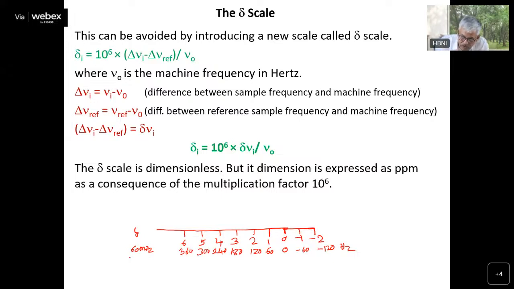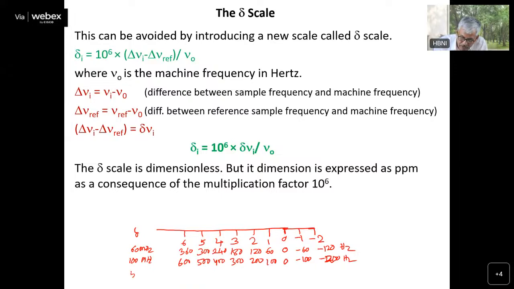Now you go to a 100 megahertz machine. This will again be 0, it will remain 0 because we deliberately kept it 0. So this will be -100 hertz, -200 hertz, and this will be your 100, 200, 300, 400, 500 and 600.